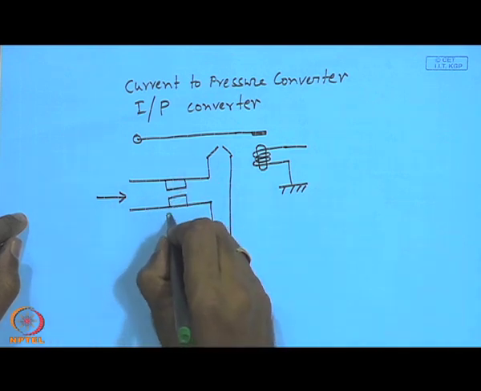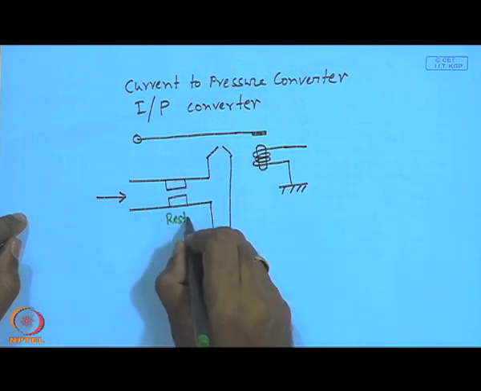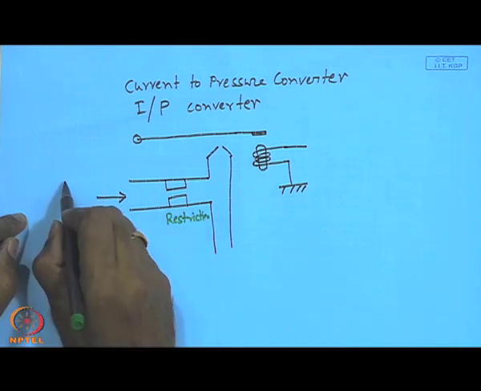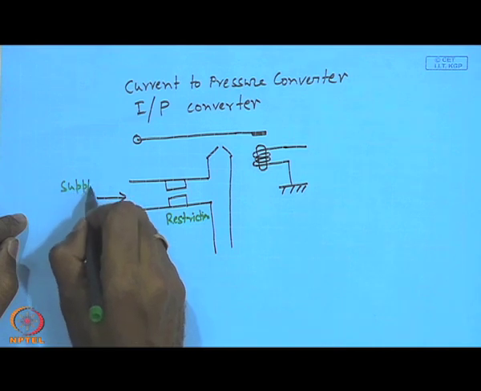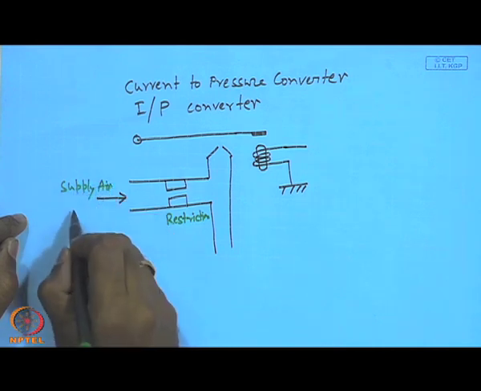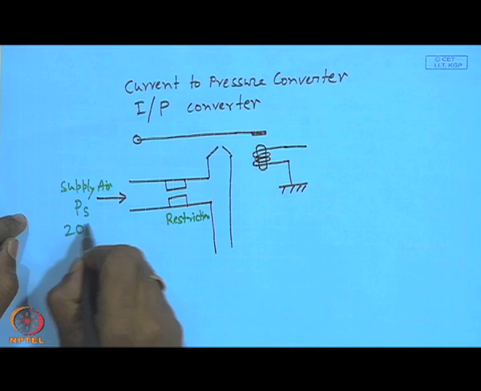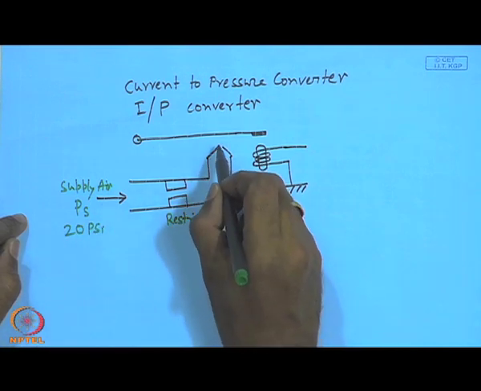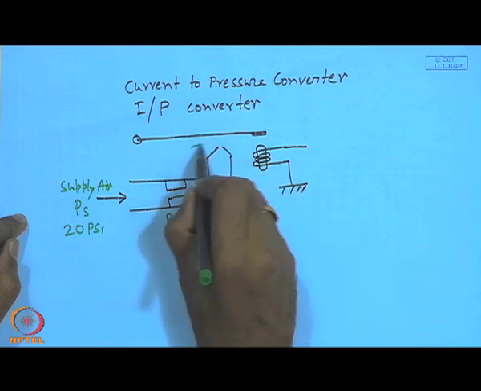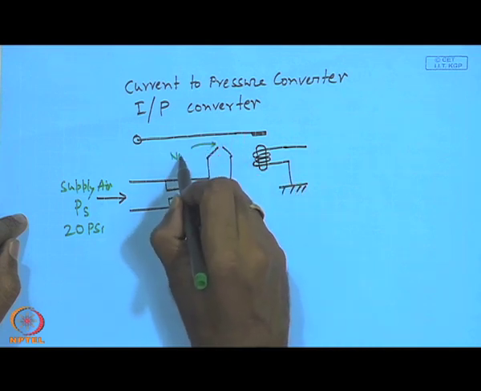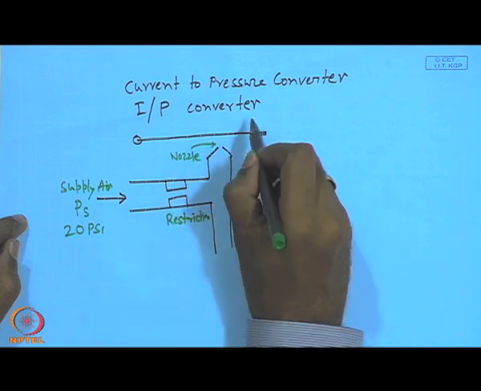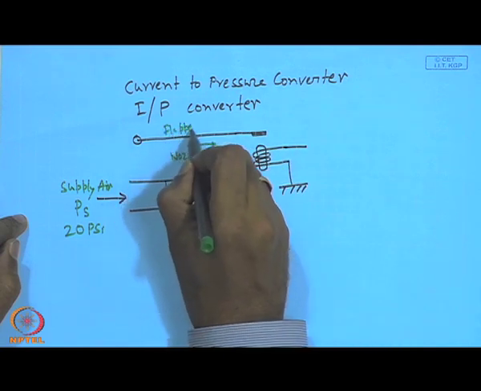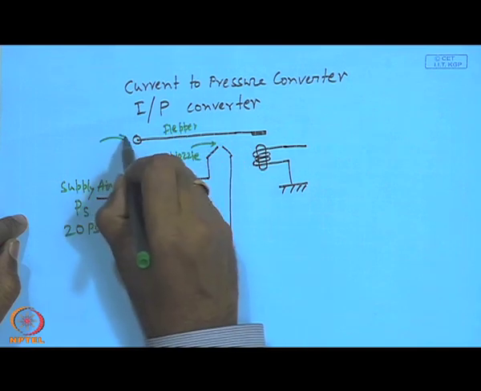So, we have a flow restriction here. This is supply air, 20 psi. This is the nozzle. And this is flapper. This is the pivot.